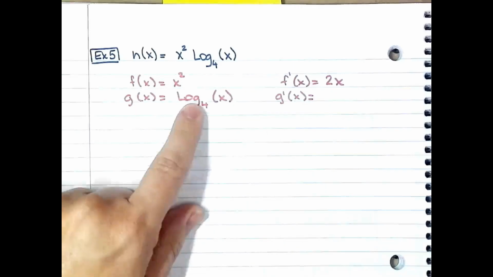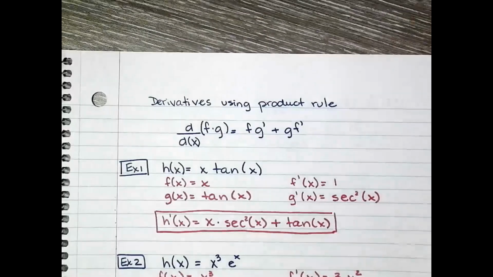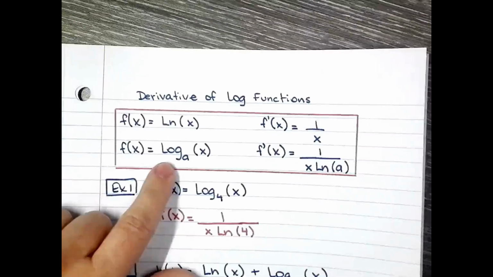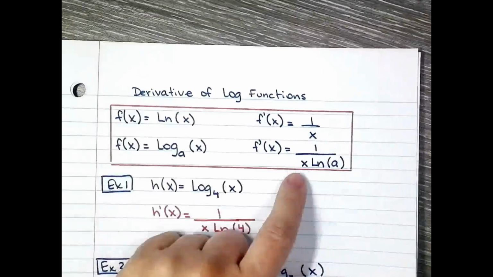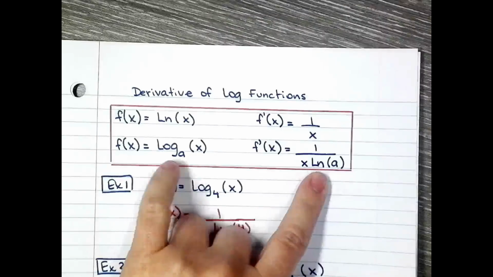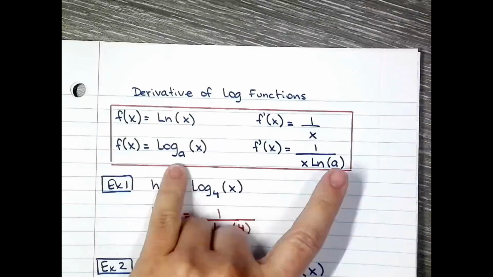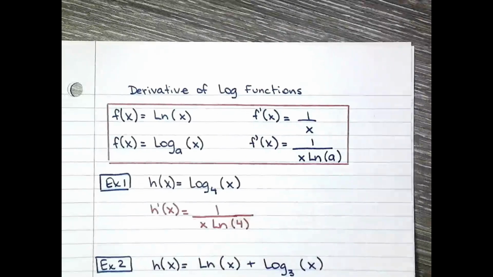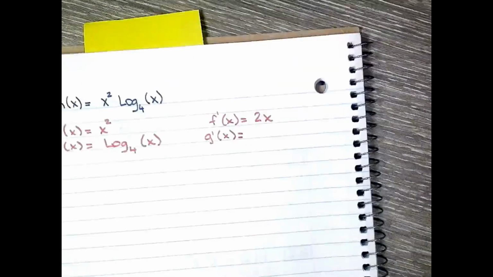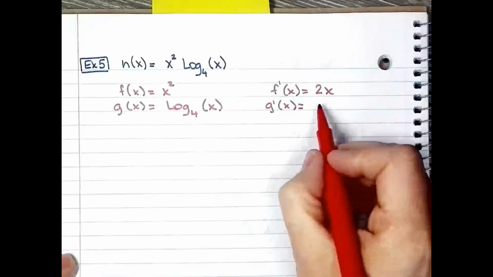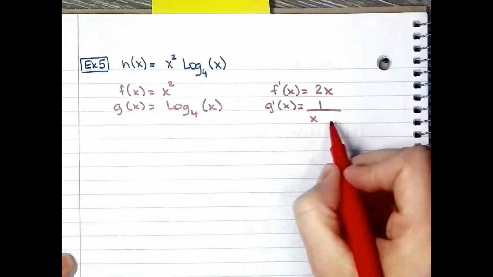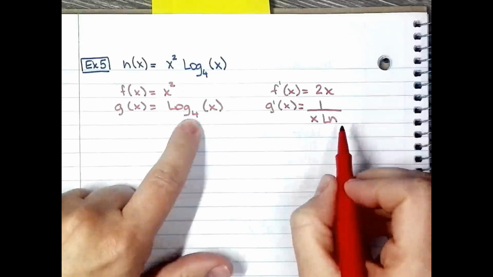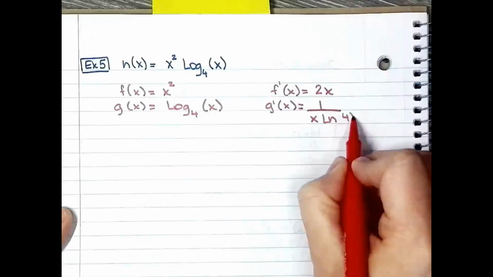And right here, when you're finding the derivative of a logarithm from yesterday's notes, it's 1 over x, and then it's natural log of whatever the base was. So I'm applying this rule from yesterday. So 1 over x, natural log of the base, and that was 4.